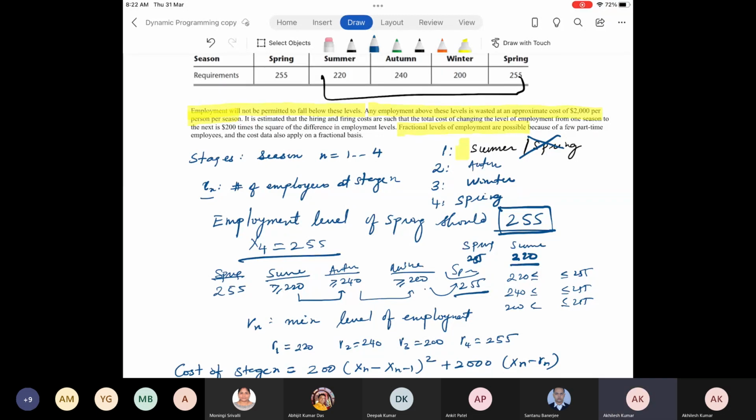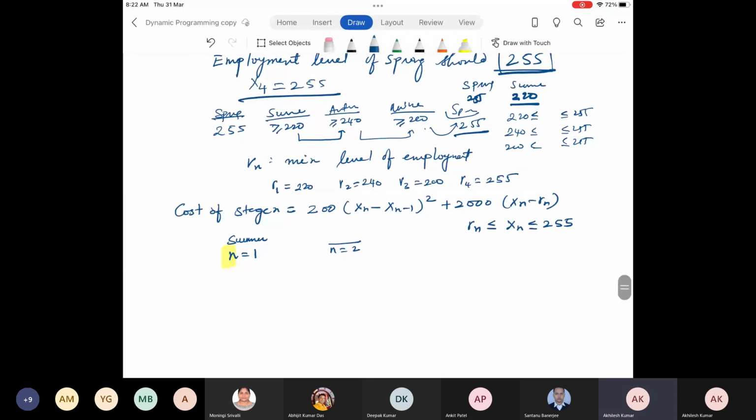So suppose a person works 8 hours a day, a permanent employee, and if I'm using part-time labor, I'm using it for just 2 hours, someday 3 hours. So it becomes 2.2, 2.3, something like that. Yes, sir. Understood, sir. I missed that. So that's how it is saying that fractional labor can be used. N equals 3, N equals 4, summer, autumn, winter, spring.